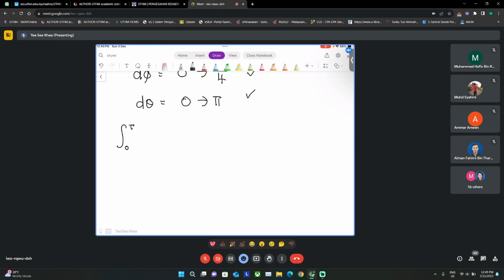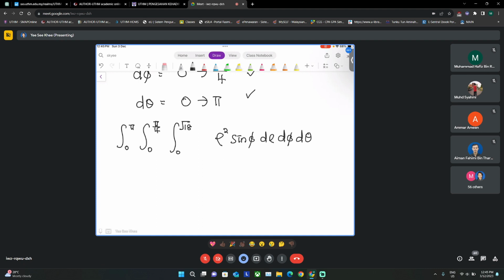0 to pi, this is the d theta. 0 to pi over 4, this is the phi. And 0 to square root 18, this is the rho of the sphere. And here, you have to replace it with rho square sine phi d rho d phi d theta.